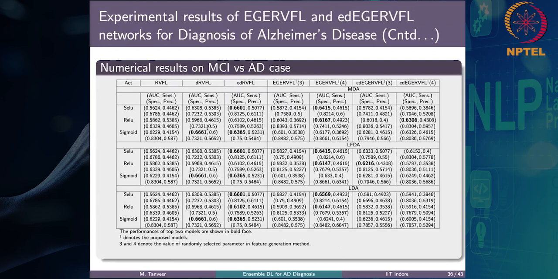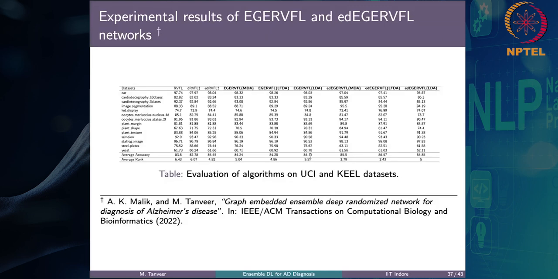Even so, by taking different activation functions, we can observe that in our last four columns, the performance is really promising, except one or two cases. So in general, we can conclude that this idea using graph embedded approach and its ensemble deep approach performs very well.